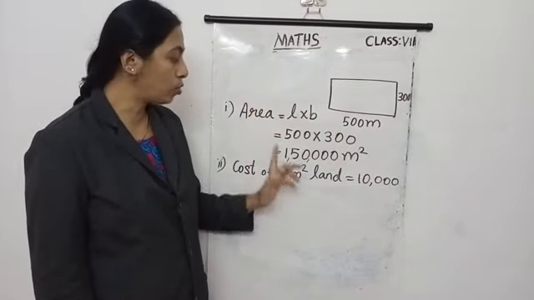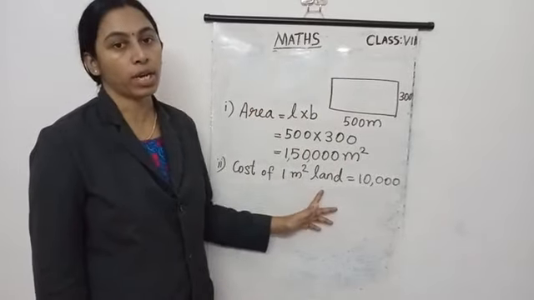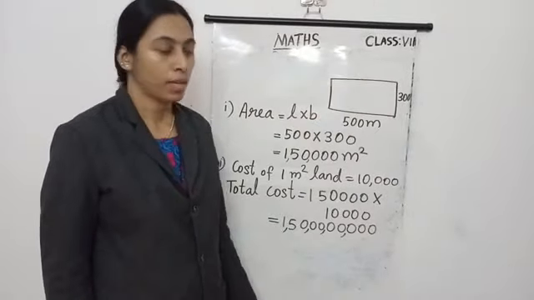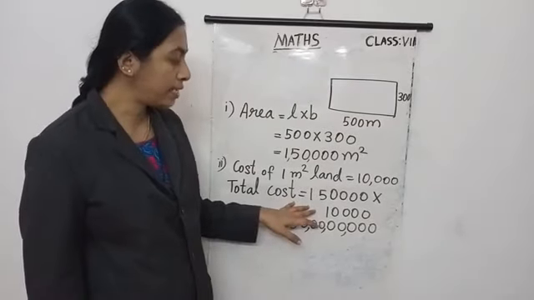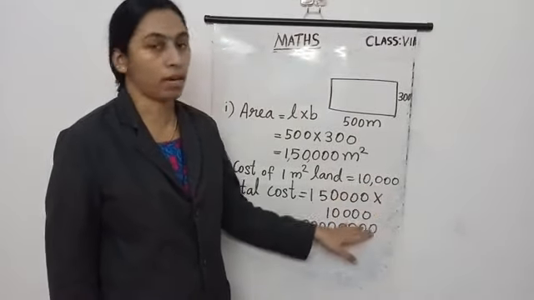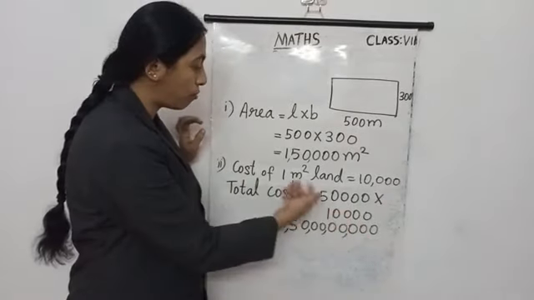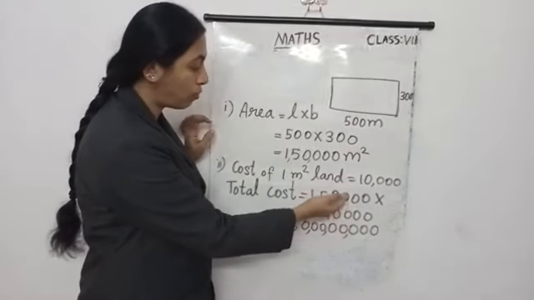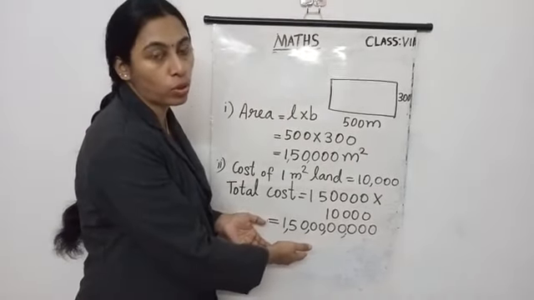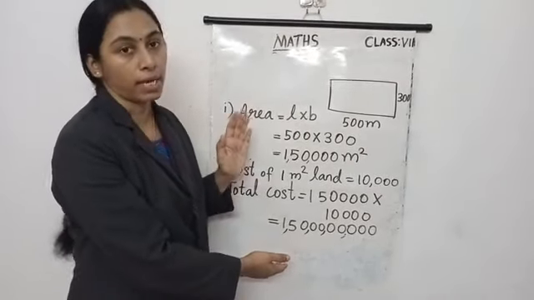So total cost is equal to 1,50,000 into 10,000. 10,000 is the cost of 1 meter square land. So we multiply, we get this much rupees, this much cost for this land.